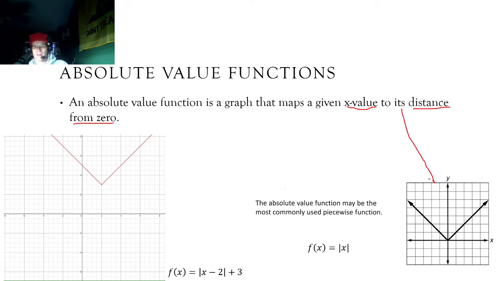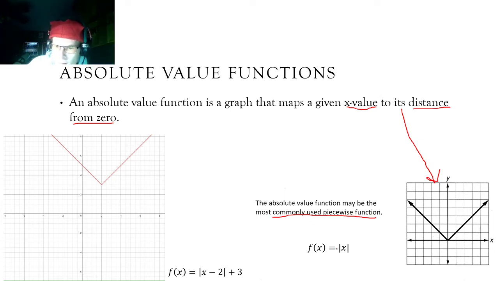So take a look at this graph here. f of x is equal to the absolute value of x. It is the most commonly used piecewise function. We haven't talked about piecewise functions yet, but this is related to piecewise functions, okay? So, absolute value function. We start at 0, and the distance from 0 here is 0.